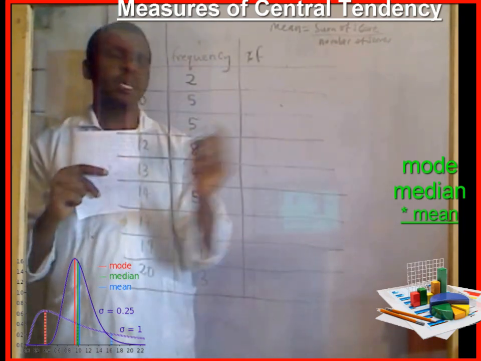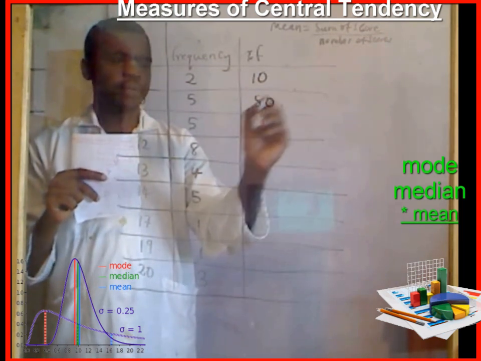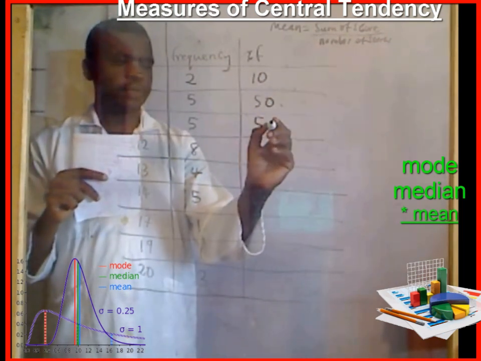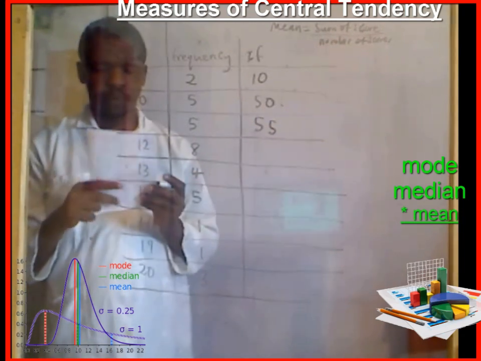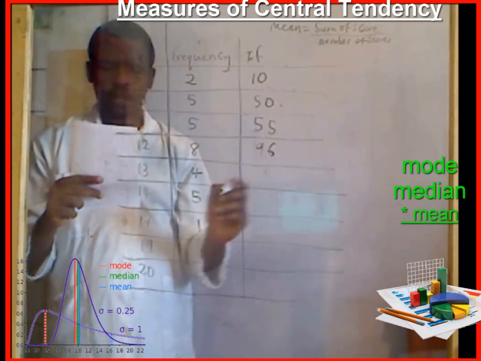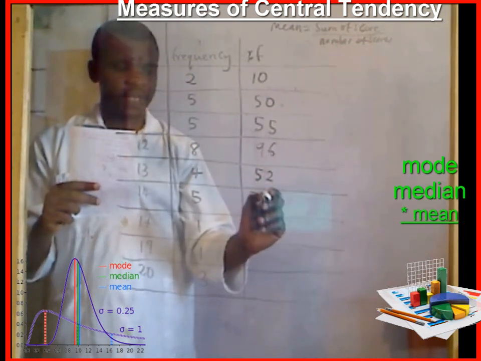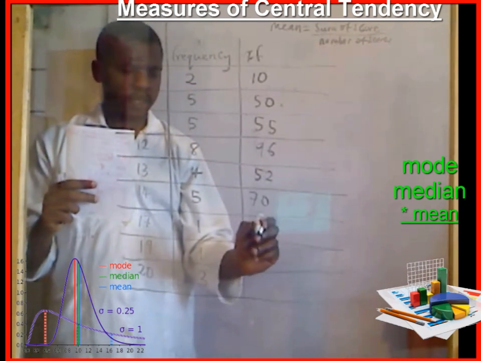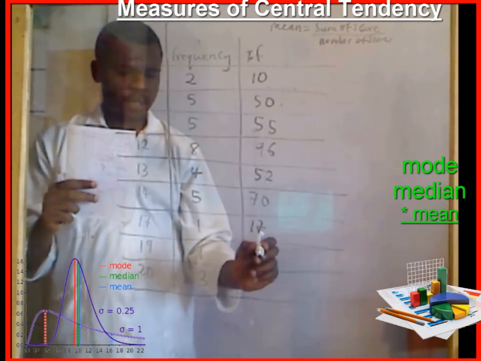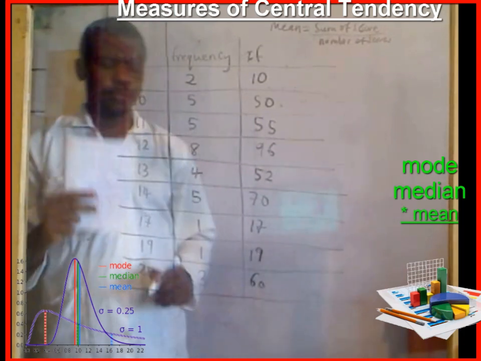So multiply. This gives me 10. So this gives me 50. This gives me 55. This gives me 96. This gives me 52. This gives me 70. This is 17. 19. 60.